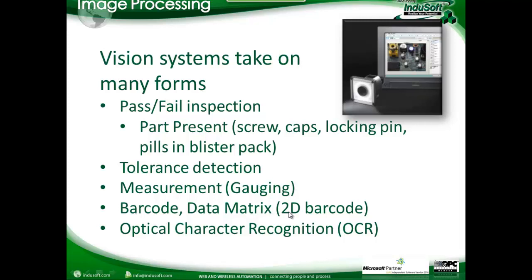Barcode and data matrix, or 2D barcodes, are another application of vision systems as well. And optical character recognition, or OCR, which is actually reading the text or turning an image into text. And there are many other formats, but these are some of the more common ways that vision systems can be put into place.